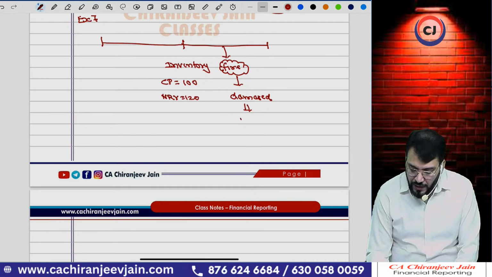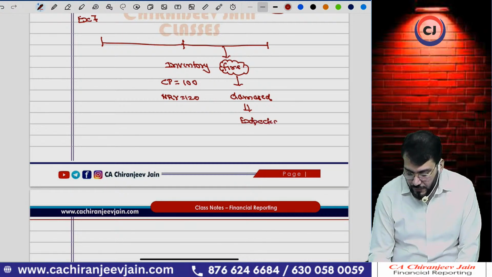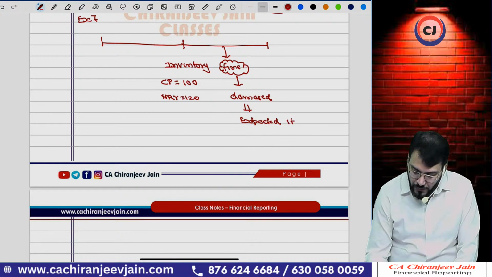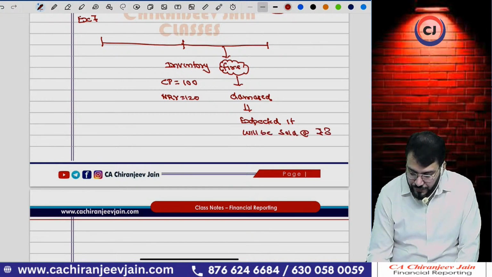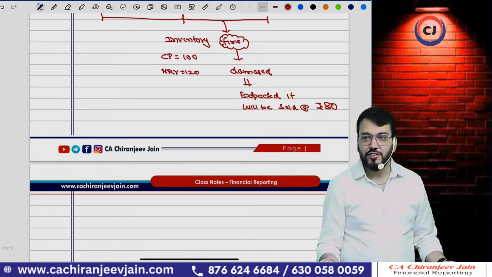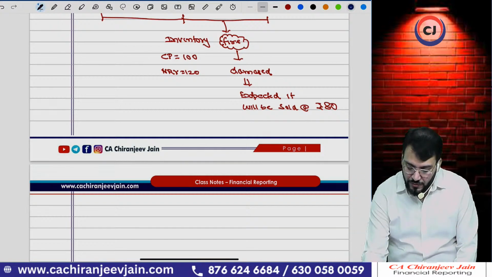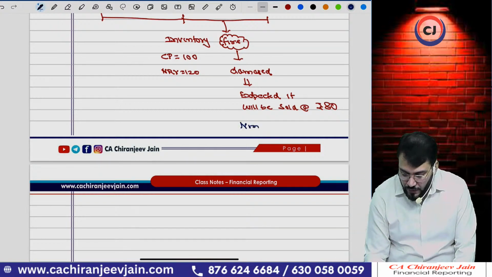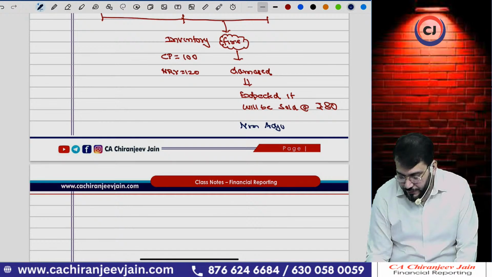Because of that, it is now expected that it will be sold at rupees 80. Adjusting, non-adjusting? Now it is a non-adjusting event. Very simple. It becomes a non-adjusting event.